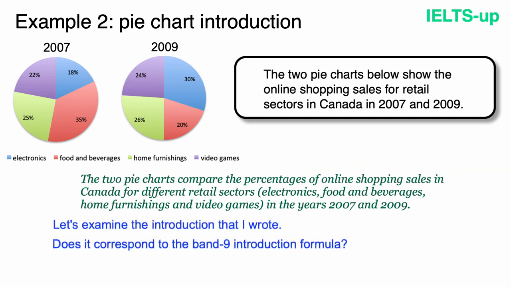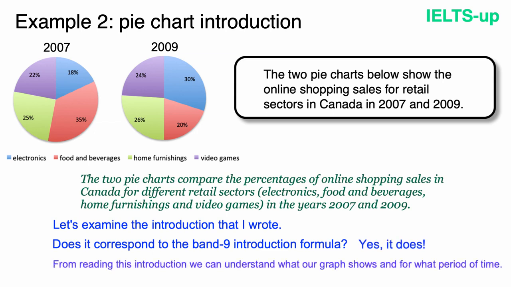Firstly, does it correspond to the Band 9 introduction formula? Well, yes it does. From reading this introduction, we can understand what our graph shows. In this case, percentages of online shopping sales. And for what period of time? Years 2007 and 2009.